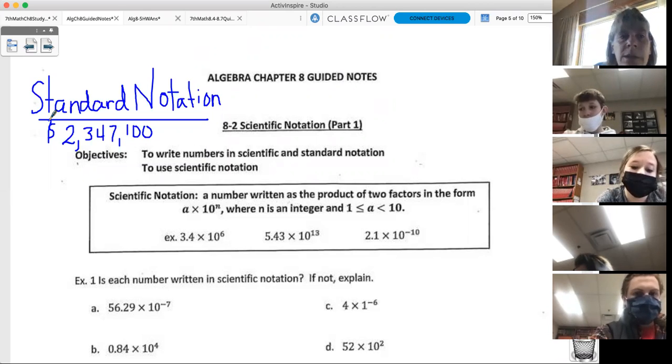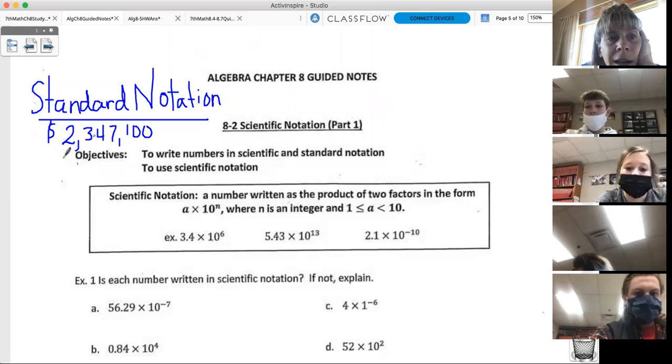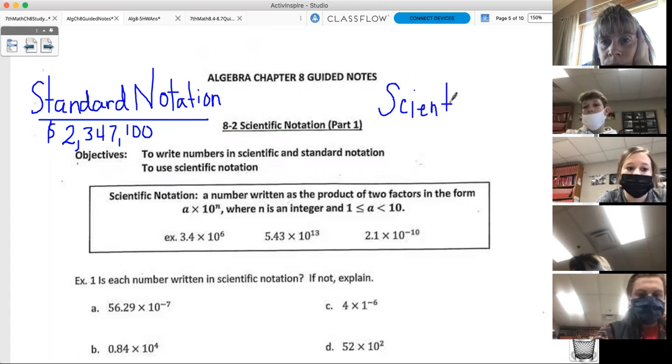So the standard notation for this money in my bank, trust me, I don't have $2 million in my bank, is 2,347,100. This is what you're used to. That same number written in scientific notation: the invisible decimal is way at the end, right? If there's not a decimal in it, it's at the end. What we do is we move that decimal so that the number itself is between 1 and 10.